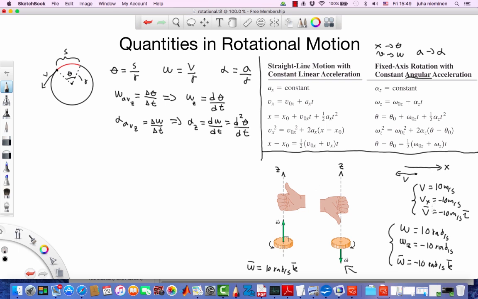So the analogy is definitely there. You just have to make sure you get the sign right by curling your fingers according to the direction of the motion and looking which way your thumb points. We have one more topic to cover in this presentation, and that is how we deal with acceleration in a rotational motion.